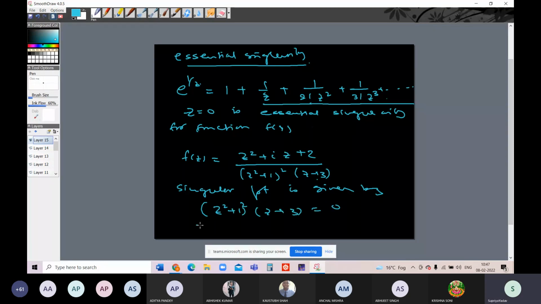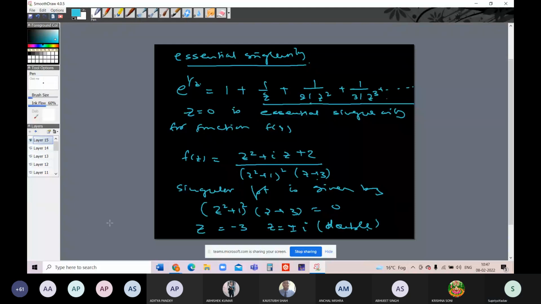So z = -3, and after solving we get z = ±i. Since the whole square is written there, that means it is of double order. So z = -3 is a singular point for this function, and z = ±i are also singular points for this function.